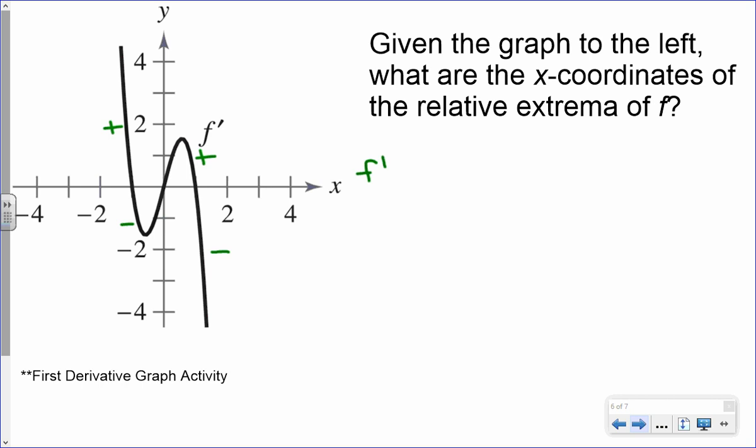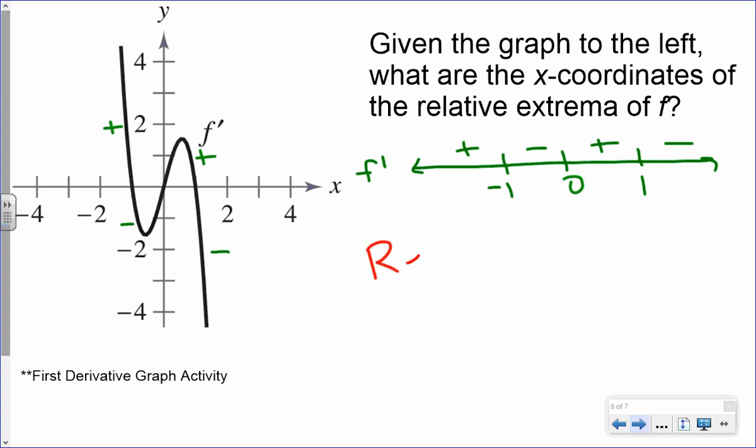If you really wanted to, you could say this. Okay? Now, I don't think it's necessary to write a number line, but if it helps you, you can. I think you can look at the graph, right? Where do we have a relative maximum? X equals -1.